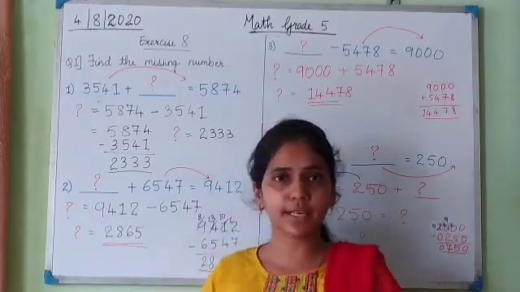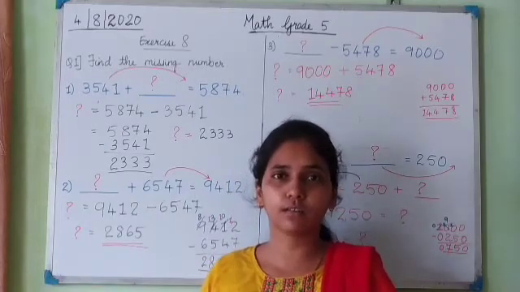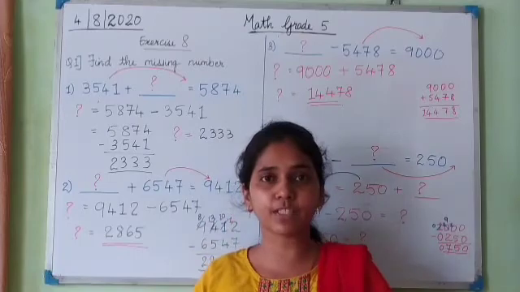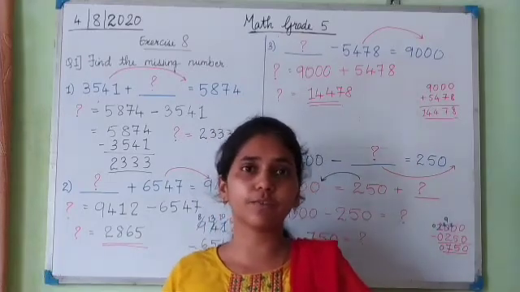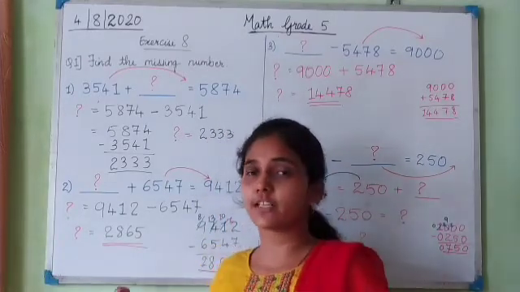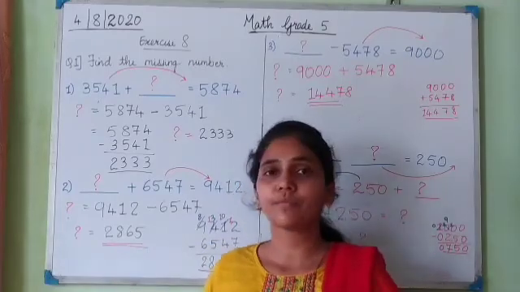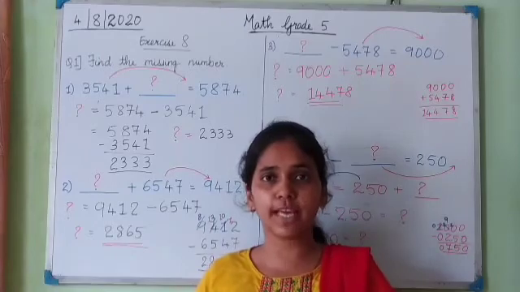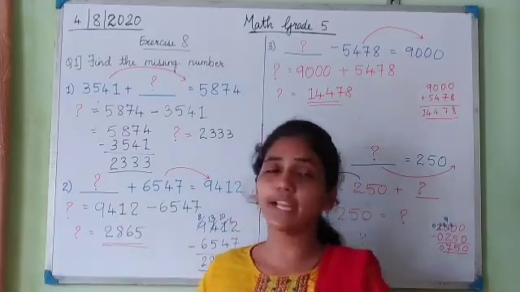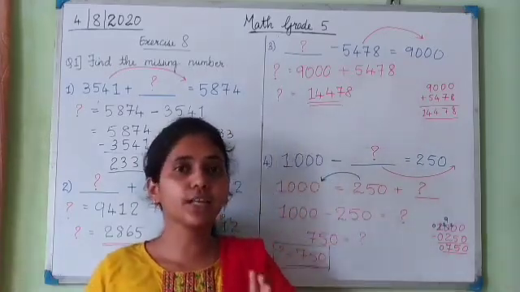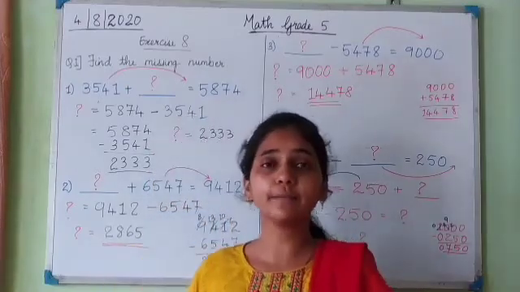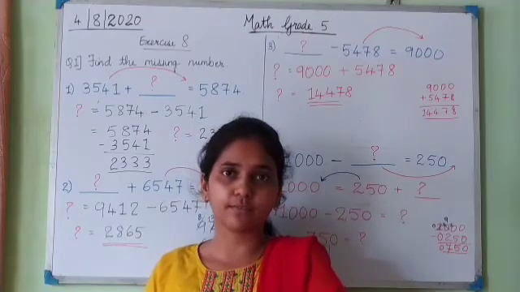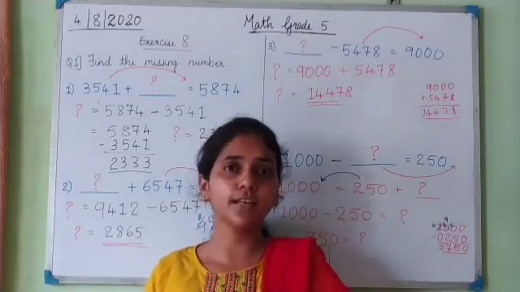Similar kinds of sums are there in it, and it will be more practice if you solve the examples and the homework which I have given to you. I hope everyone has understood how to find the missing numbers. The objective of this exercise number 8 was that addition and subtraction are inverse operations. Addition is the inverse of subtraction.